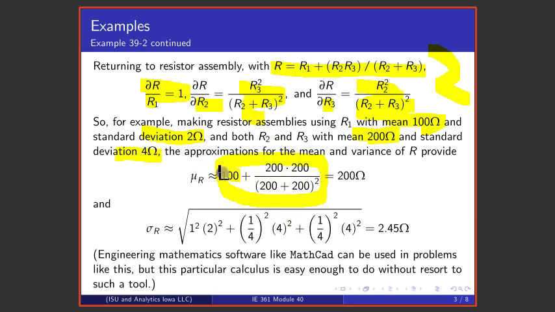So I plug in 100, I plug in 200 twice, and one gets about 200 ohms for the assembly.